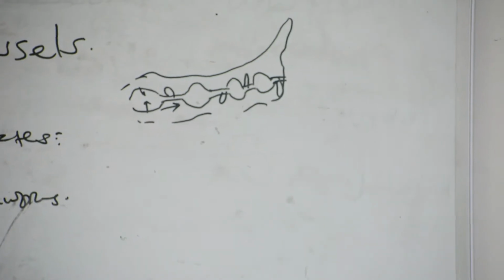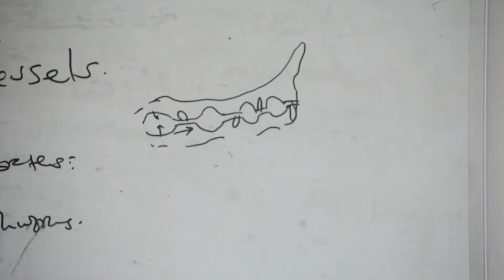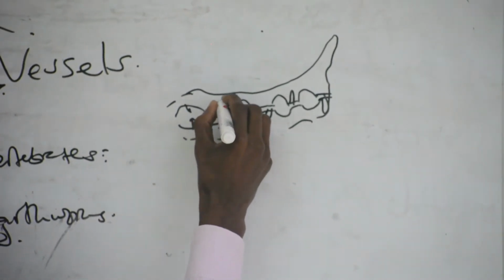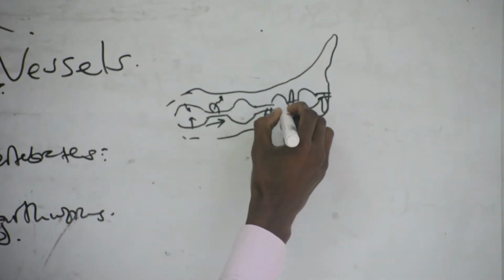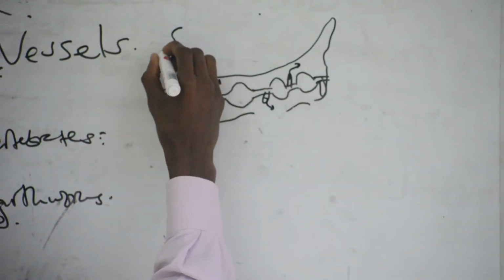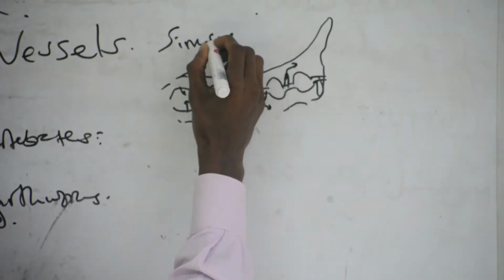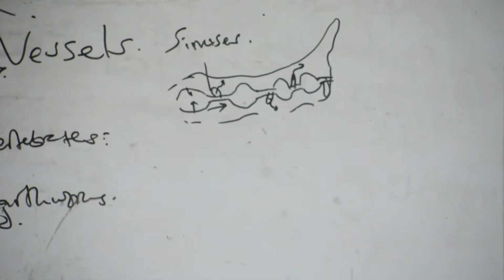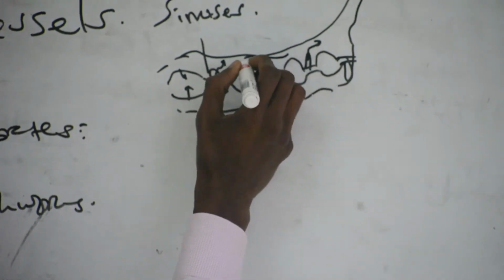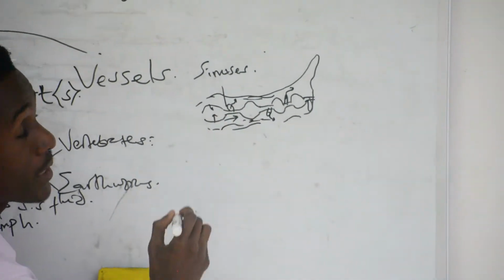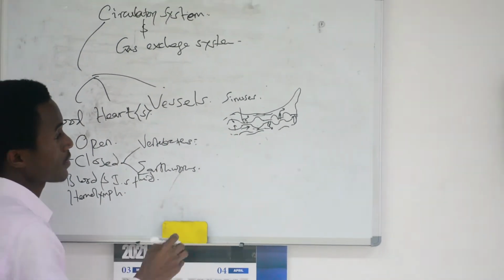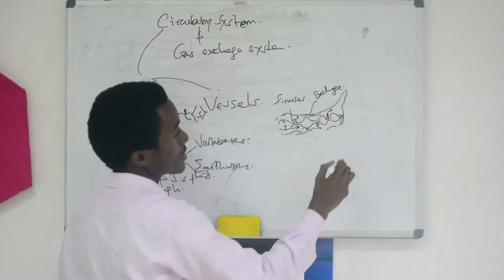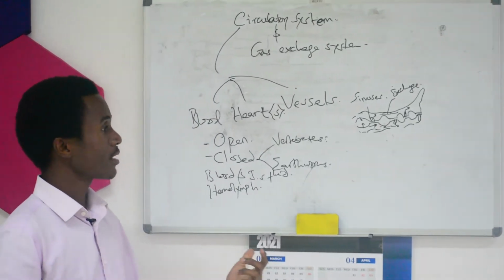And since blood and interstitial fluid are together, some of it seeps through these openings, which are called sinuses. The seepage of this fluid helps surrounding organs to be bathed in this fluid. That's how surrounding organs may exchange various chemicals, including oxygen and carbon dioxide.